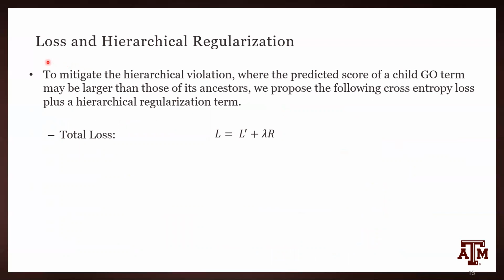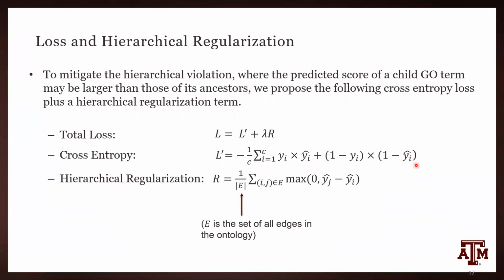Besides the architecture, in order to mitigate the hierarchical violation, where the predicted score of a child GO term may be larger than those of its ancestors, we propose the following cross-entropy loss plus a hierarchical regularization term. Here L prime is the standard cross-entropy loss over all the training examples.